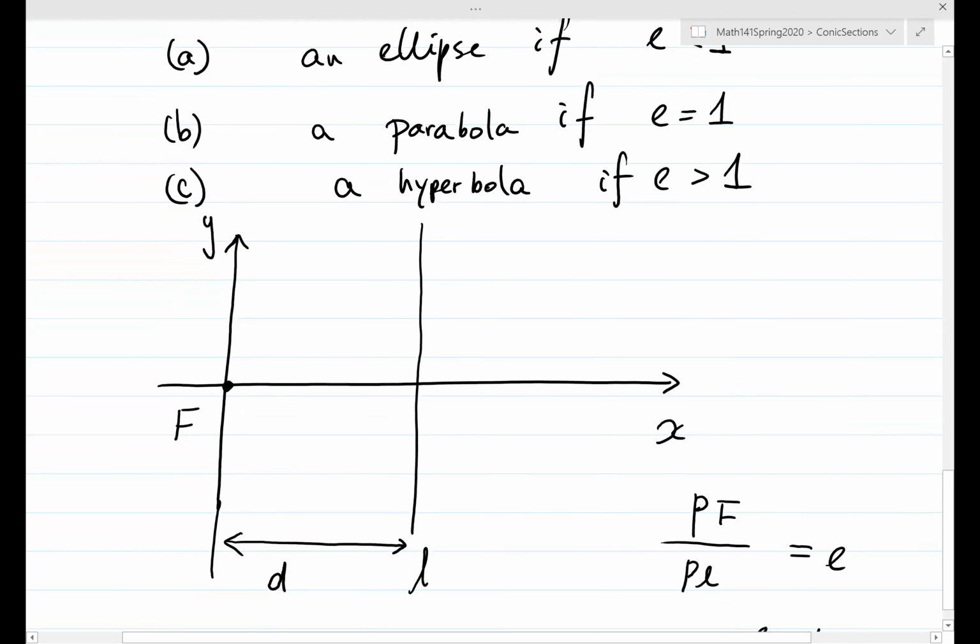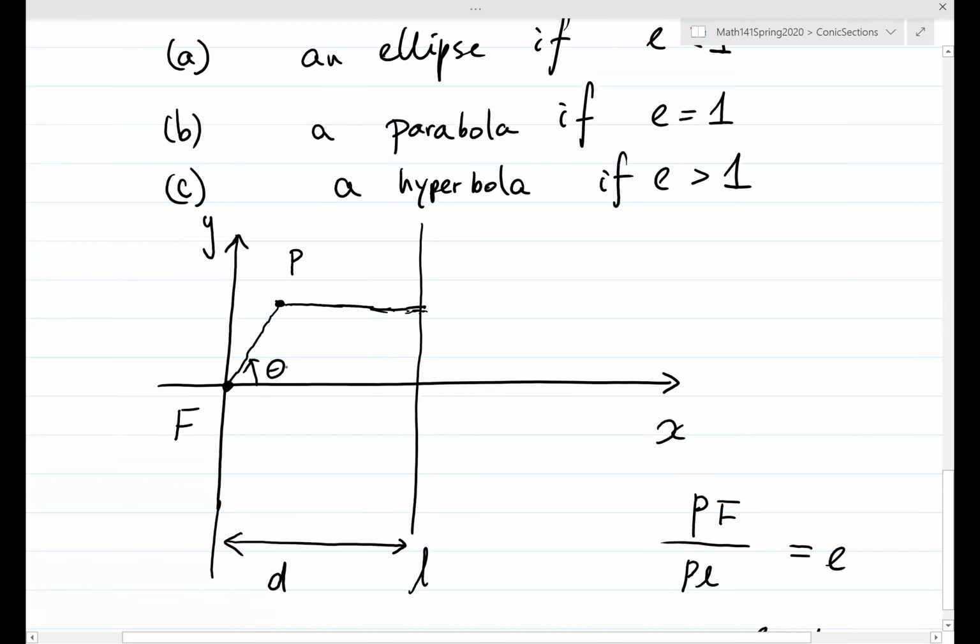Suppose P is here, with PF and then PL the distance to the line. Measured from the x-axis, this angle is theta.